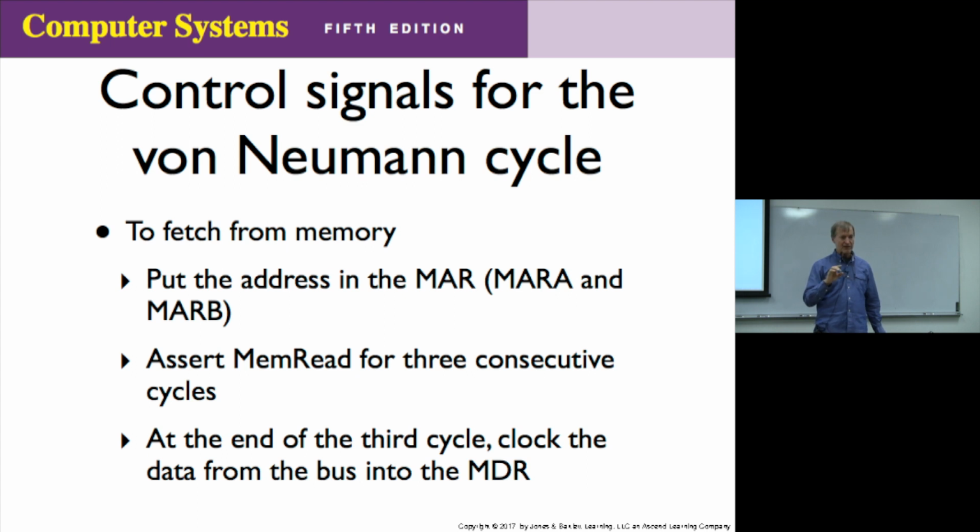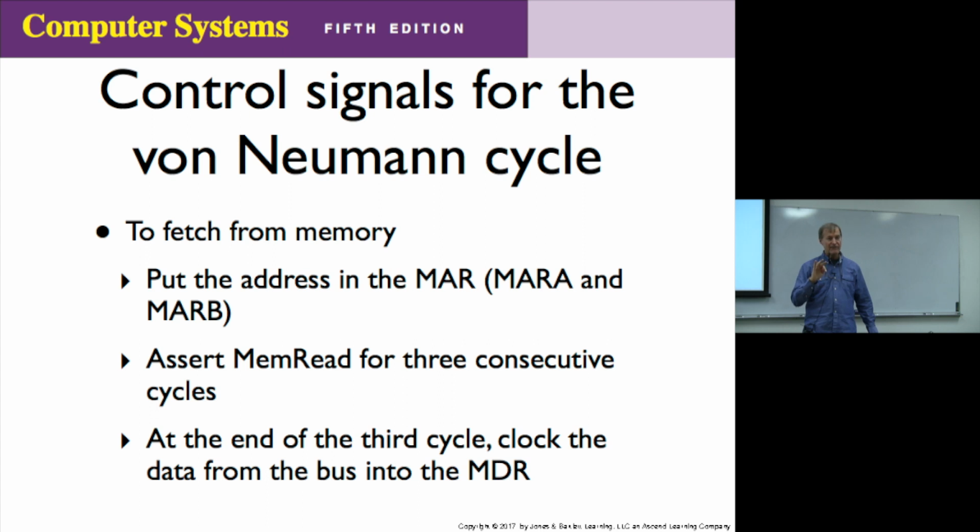And here's the thing. It always takes longer, more than one cycle, to fetch something from memory. So in Pep/9, it takes 3 consecutive cycles. What you have to do is put the address in the MAR. Are you with me?